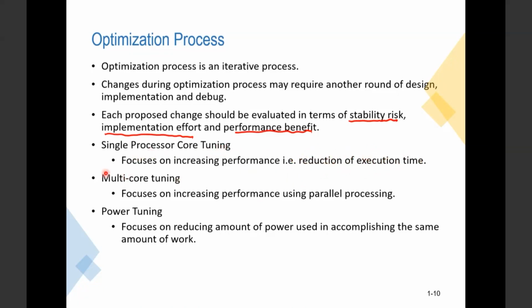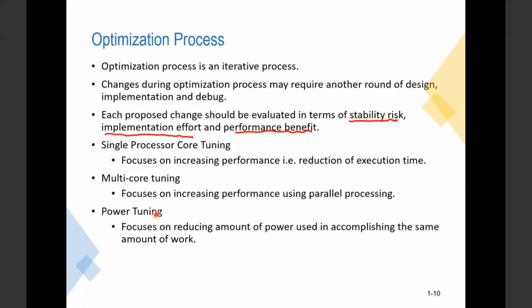For the multi-core processor, we can do the multi-core tuning, which focuses on increasing the performance using parallel processing. Now we are going to do the multi-threading, multitasking by using the parallel processing. Kat sini hanya single processing. For the single processing, the target is we need to reduce this single processing so that the execution time is lower. But here we can reduce the execution time by doing the parallel processing.